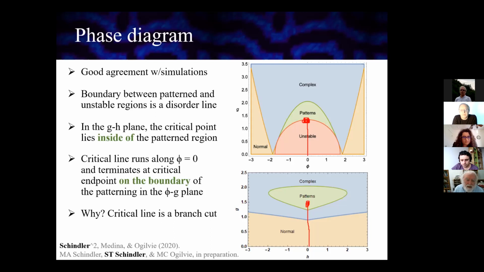The answer is that when you analytically continue G squared to negative values, you turn what was a positive phi squared interaction into a negative phi squared interaction from the extra field. And so you're crossing the boundary from a PT symmetric model to a Hermitian model there.